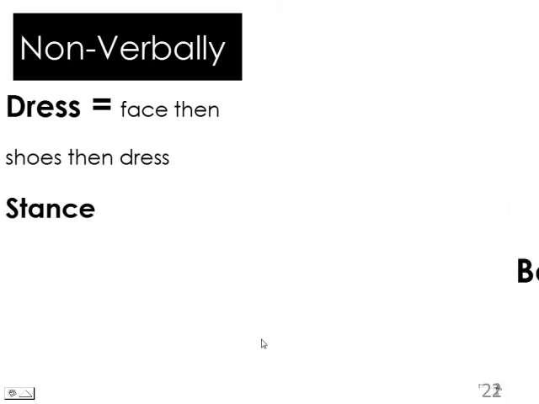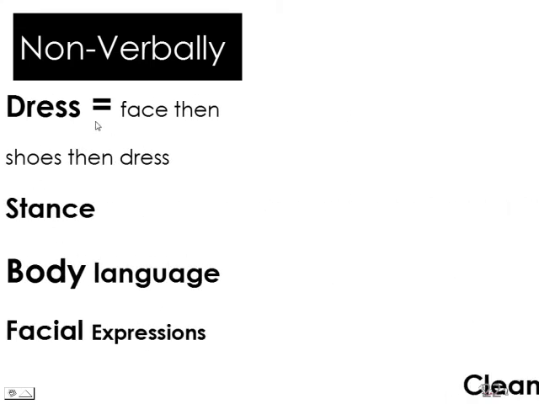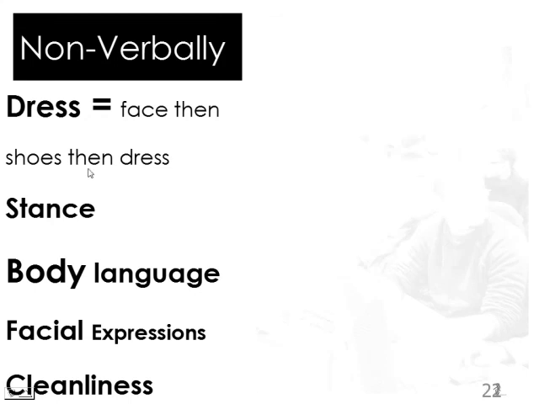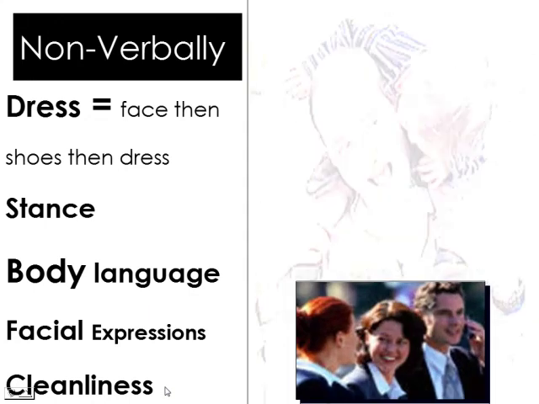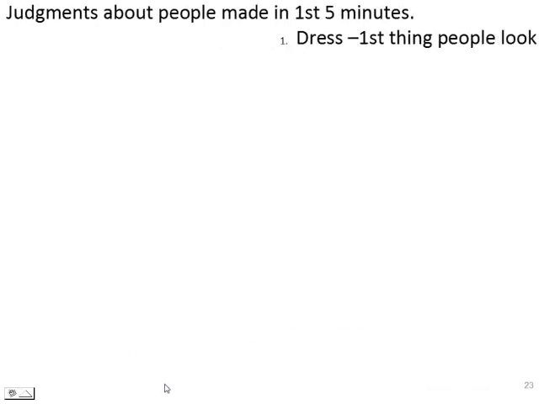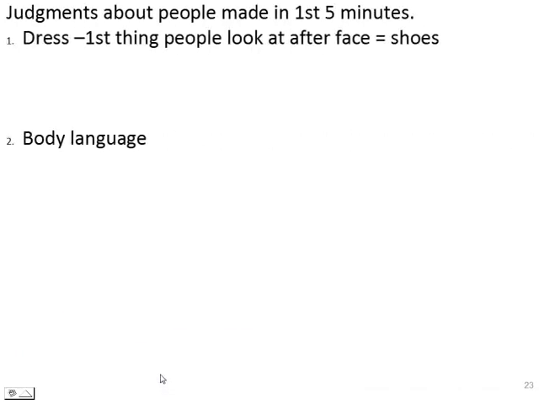What about non-verbally? What happens non-verbally? Well, you look at the way people dress, and you look at their face, then their shoes, and then the rest of their dress, how they stand, their body language, their facial expressions, and perhaps their cleanliness. Here are a few notes.